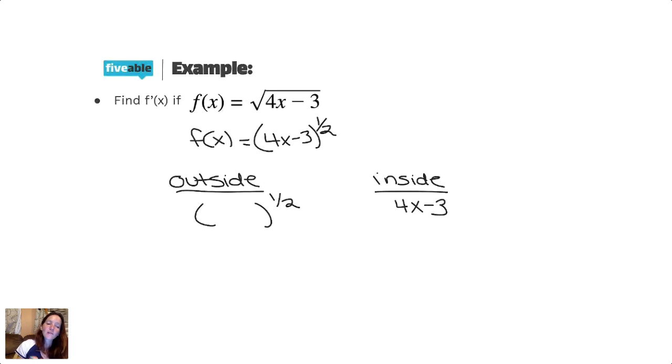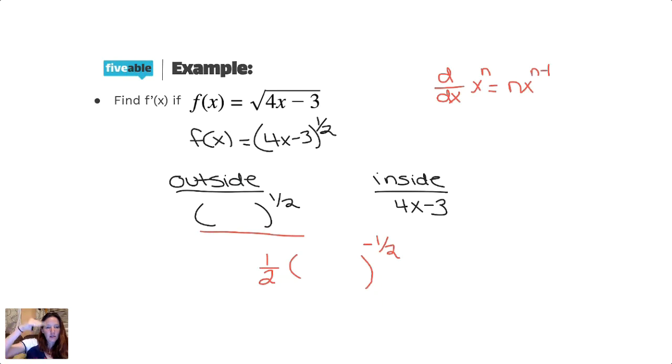Now when I take the derivative, I'm going to start with the derivative of the outside. My outside function is something to the 1/2. So for its derivative, I'm going to bring the 1/2 down. It's the power rule: 1/2 times something. I'm going to subtract 1 from my exponent. I'm still using the derivative of x to the n equals n x to the n minus 1, where you bring down the power.